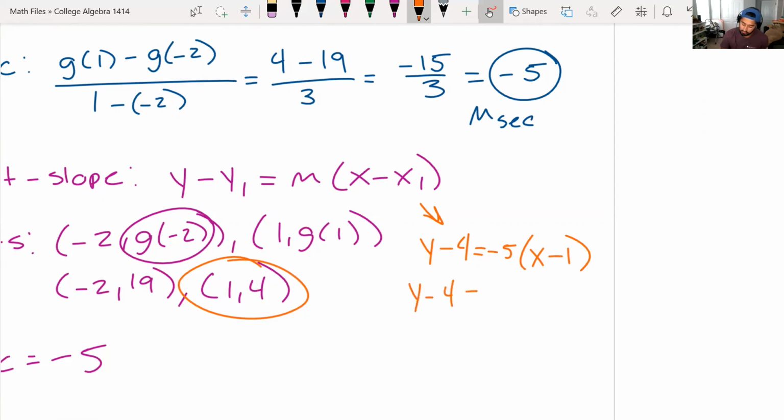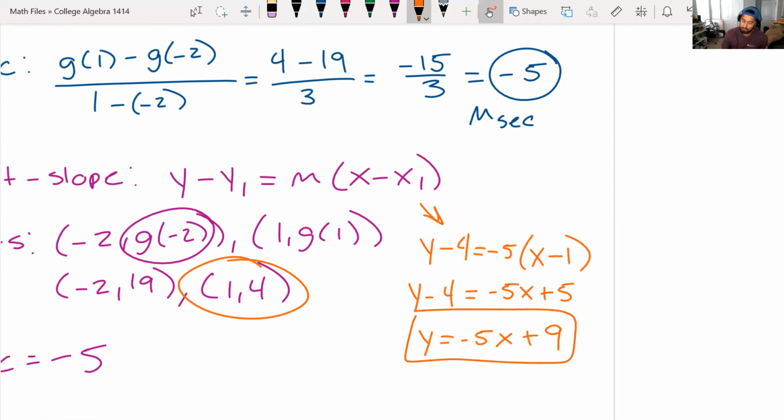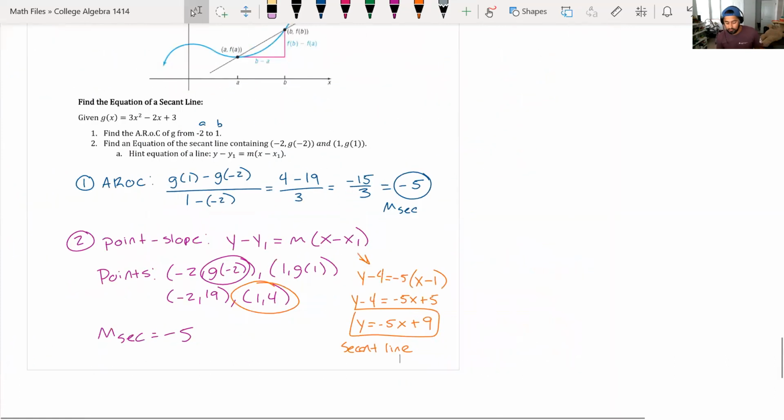Y minus 4 equals -5x plus 5. Add that 4 over, and we get y equals -5x plus 9. This is the equation of the secant line. That's it.